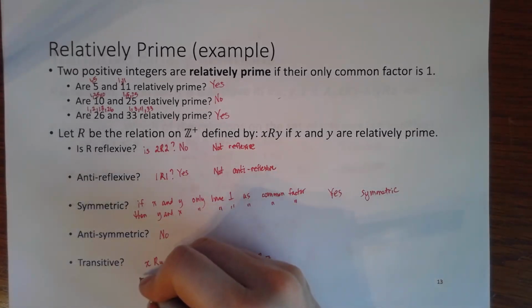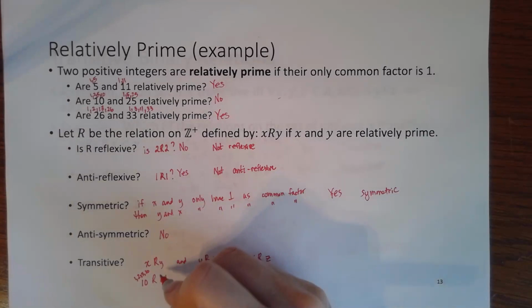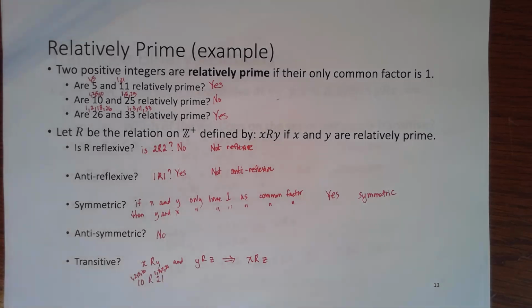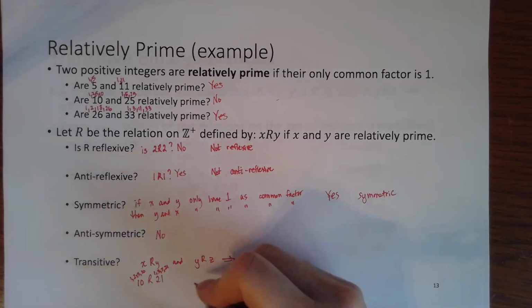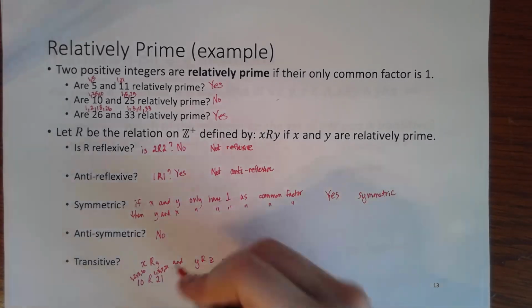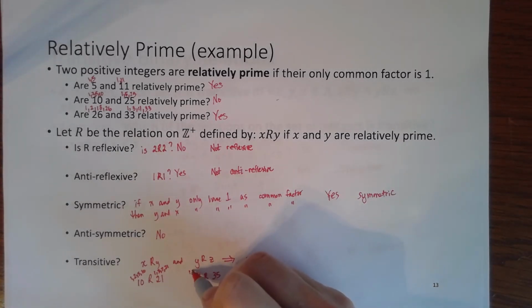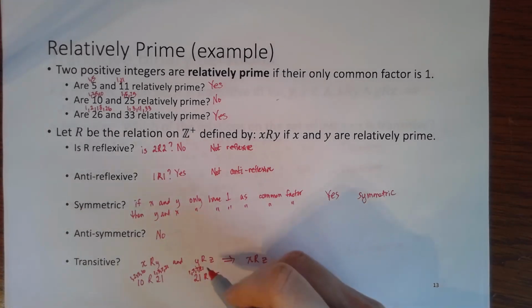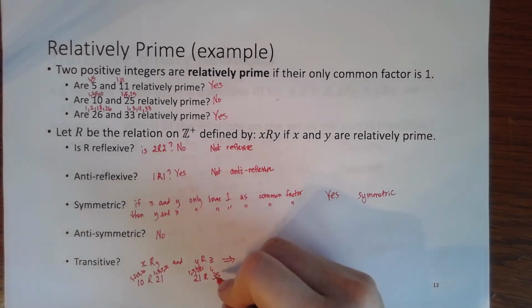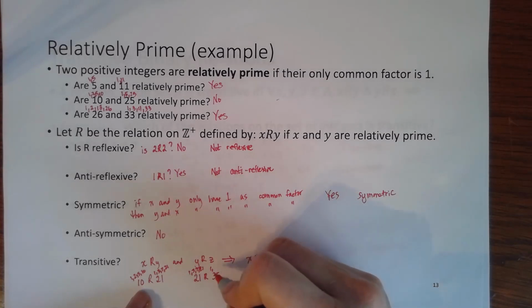The factors of 10 are 1, 2, 5, and 10. The factors of 21 are 1, 3, 7, and 21. So 1 is the only thing in common. And then 21 is relatively prime with, let's say, 35. Oh, that's not right, that had a 7. I'll choose a different one. Let me do 14.